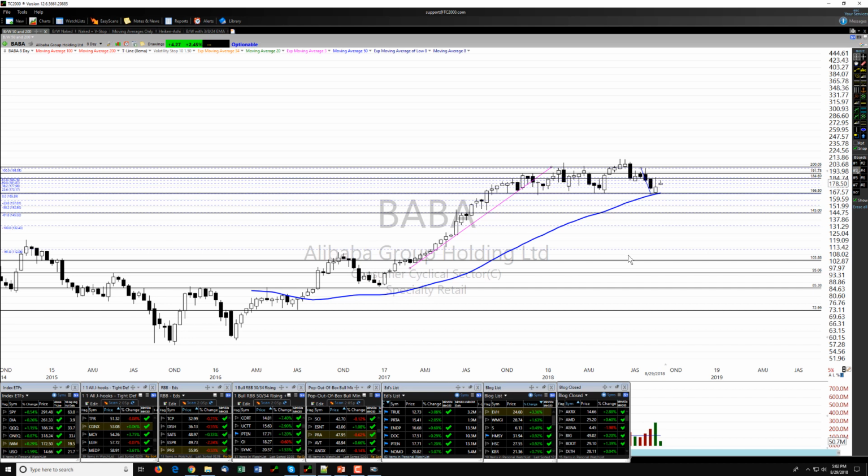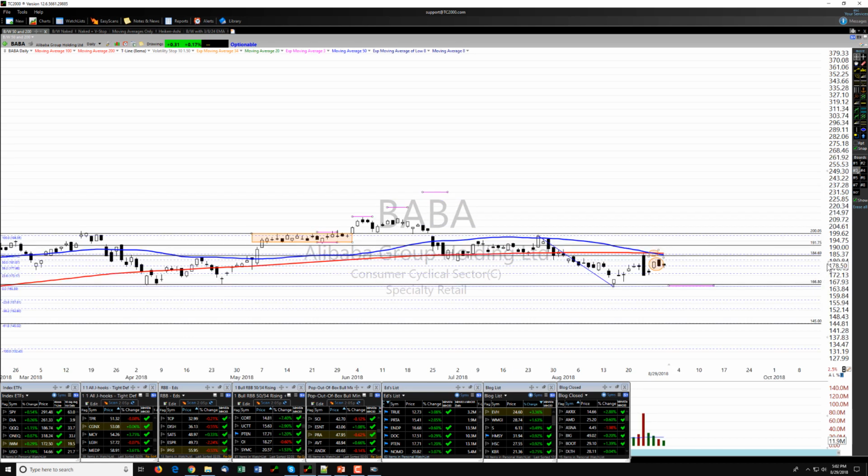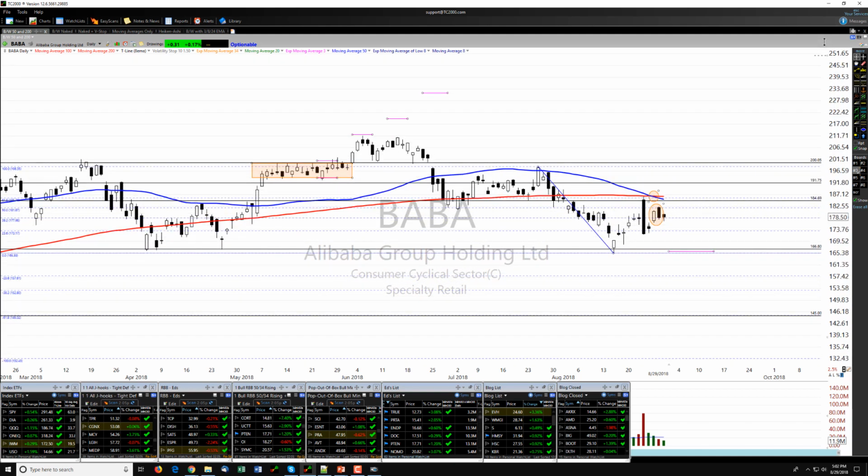Going back to the daily then. So on an entry, let's say below this body, below the low of today's wick, with a stop probably someplace up in there.